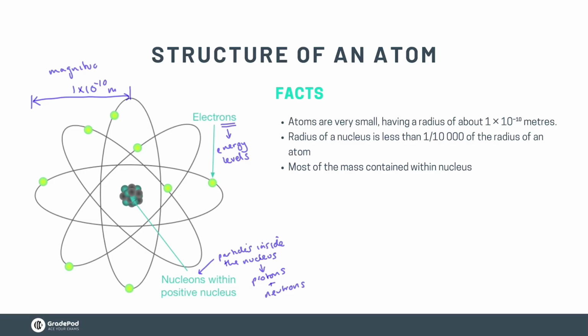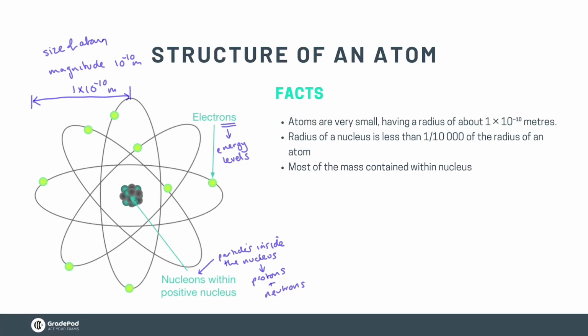The size of the atom has a magnitude of 10⁻¹⁰ meters. So whilst the diameter of this atom is 2 × 10⁻¹⁰, we say that the size of the atom is a magnitude of 10 to the minus 10.